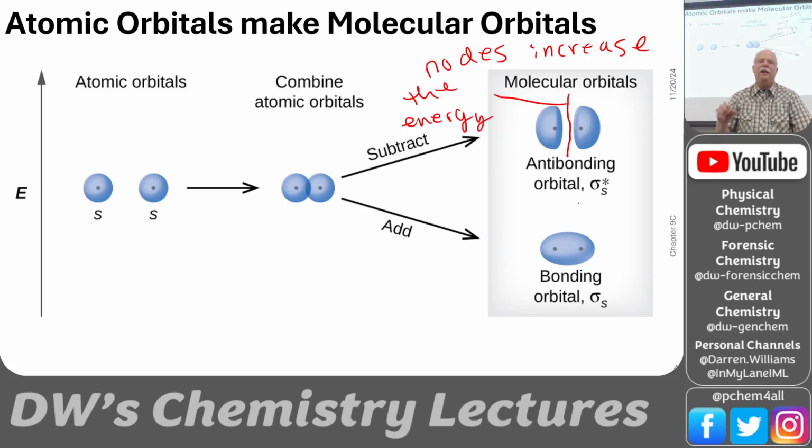And in fact, they can increase the energy so much that it wants to break the bond. And so we would call this bottom one bonding, and that top one, because the node is creating so much energy, it actually is breaking the bond. So we have this competition between bonding molecular orbitals and anti-bonding molecular orbitals.